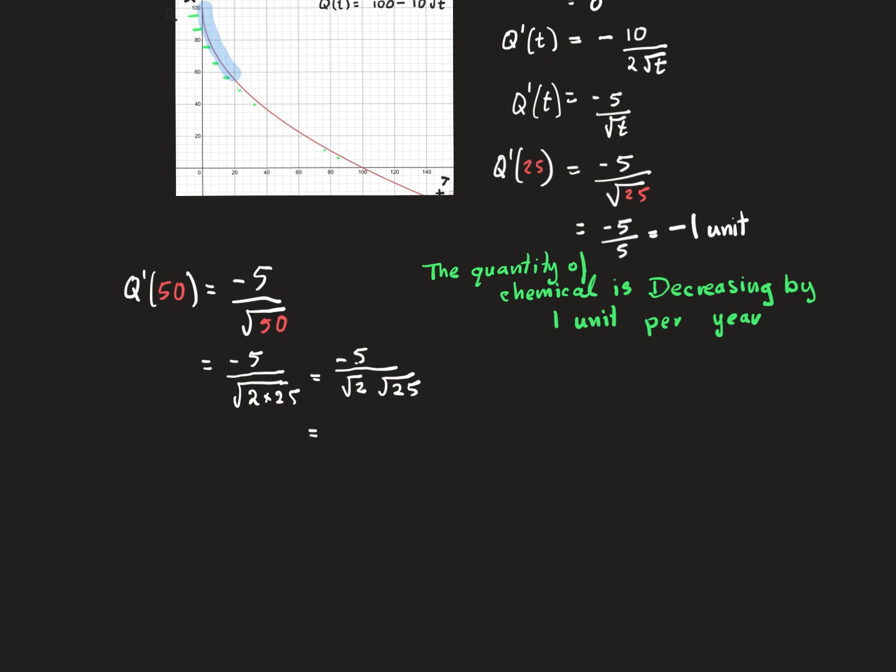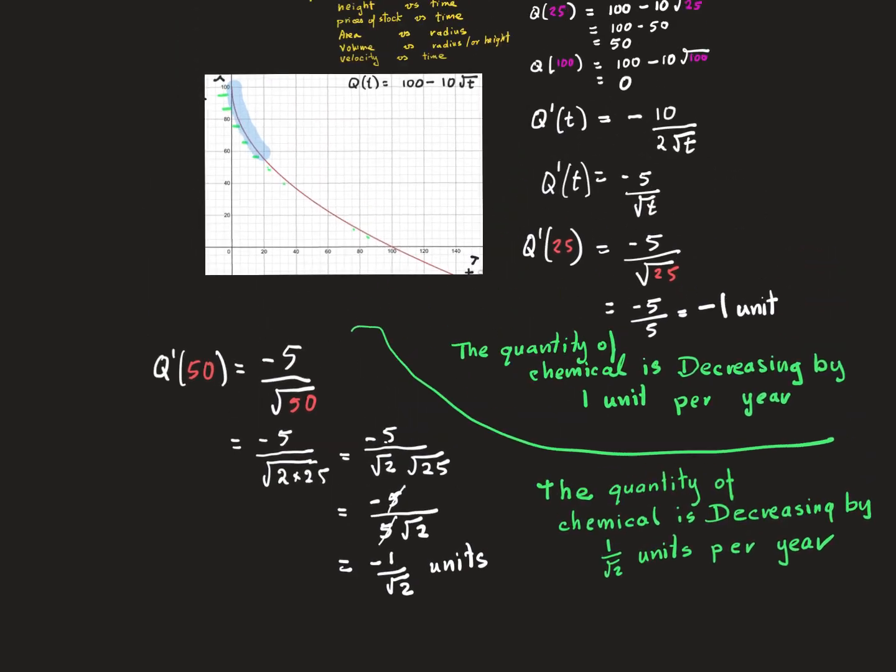And we know that root 25 is just 5, so we can say minus 5 over 5 root 2, which is, cutting this out, minus 1 over root 2 units.